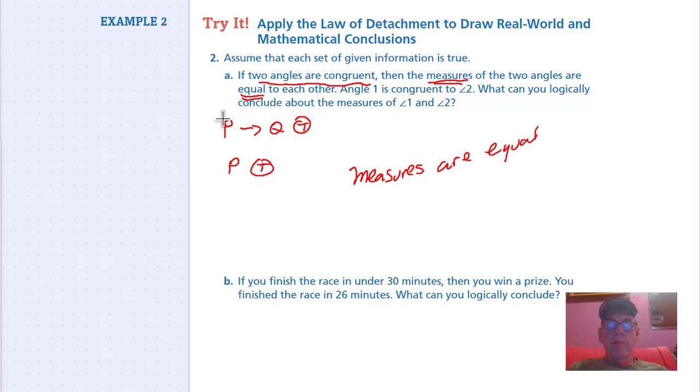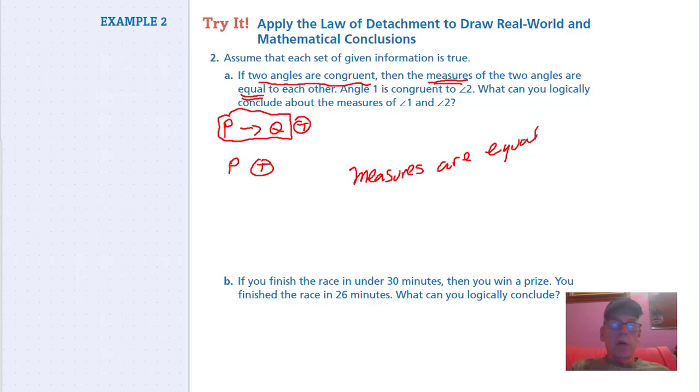To recap, you have a true statement: if P is true, Q is going to be true. In the second statement, they're telling us that P is true. Therefore, Q must be true.